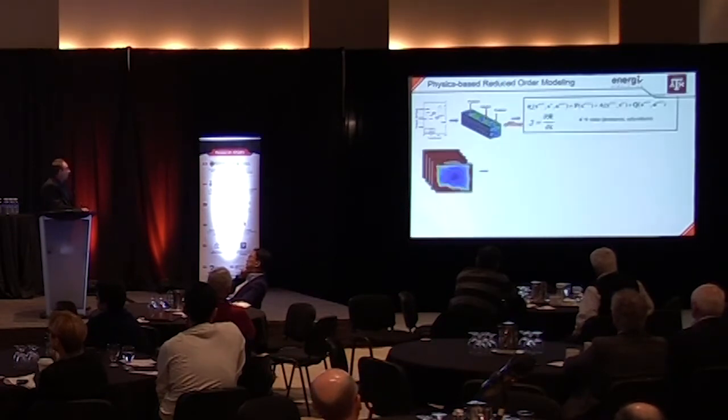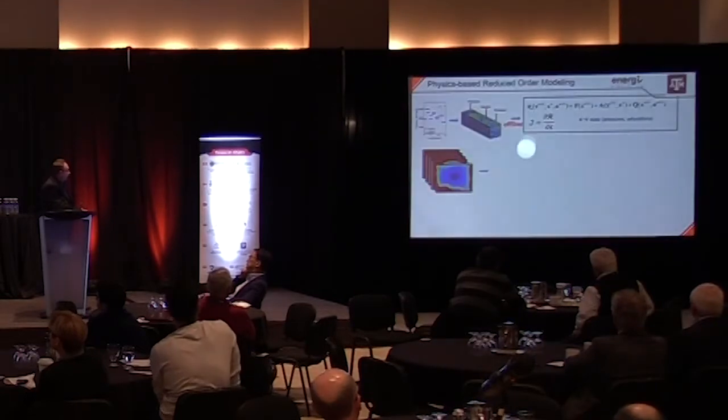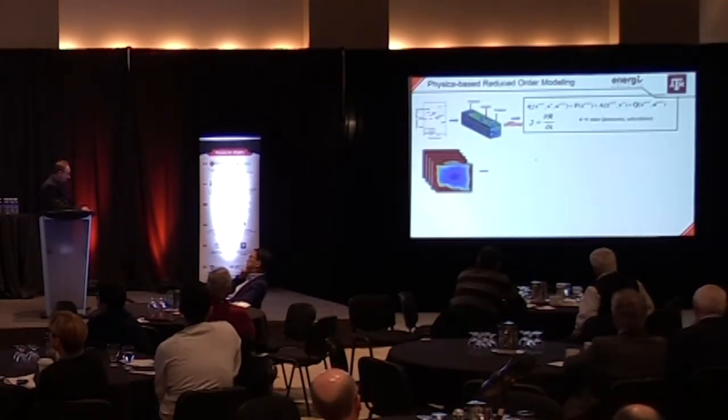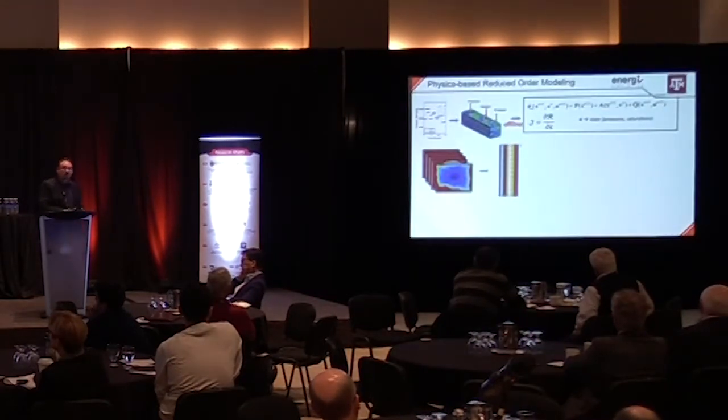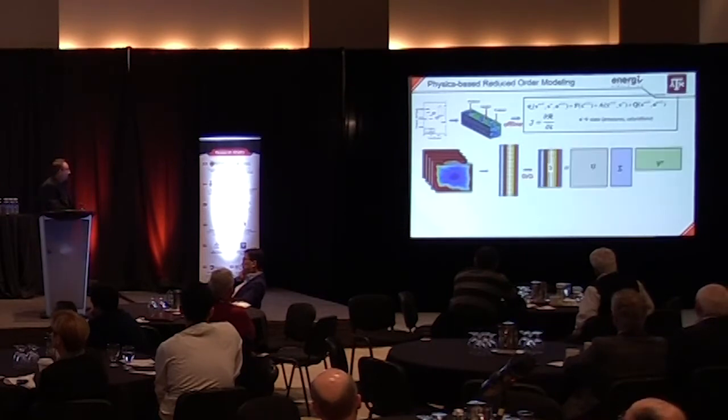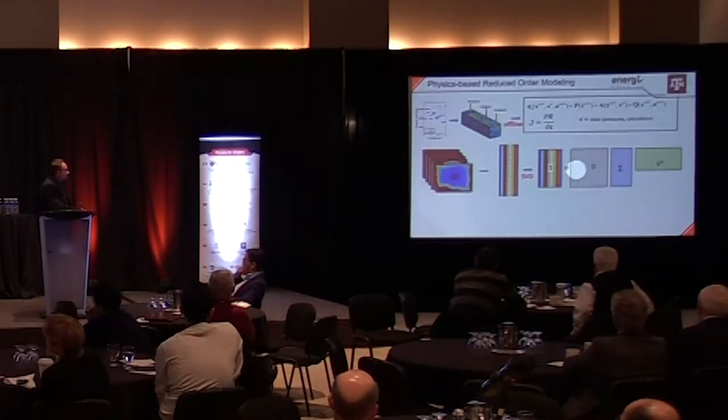And once you save that up, pressures and saturations, you create this matrix here that we call a snapshot matrix. And we do some correlation on that matrix, right? The correlation that we've been using is basically singular value decomposition or PCA, principal component analysis, just to look at correlation in this data.